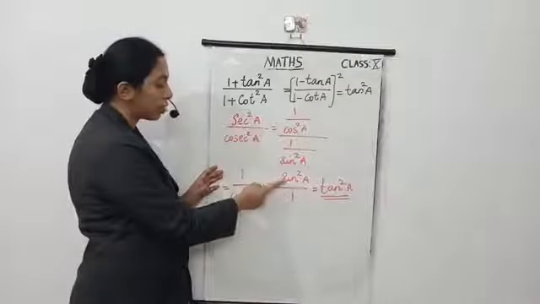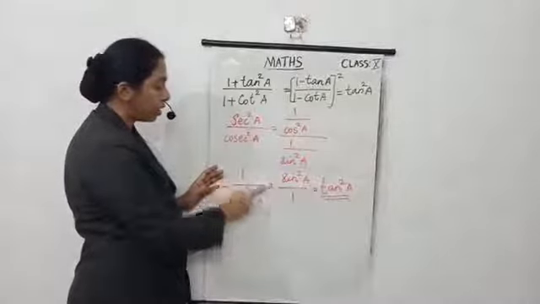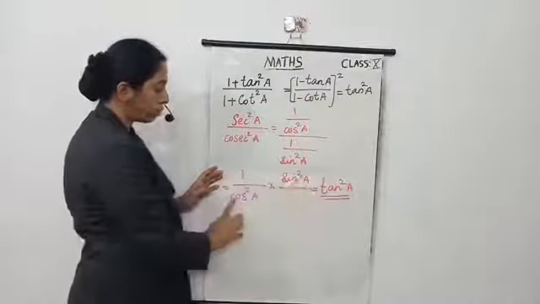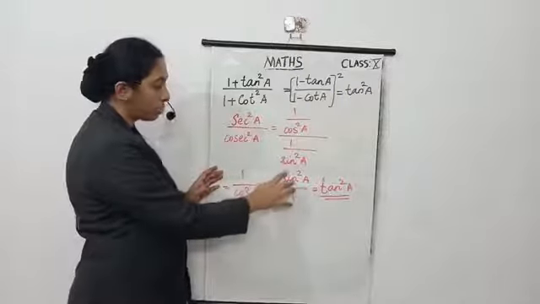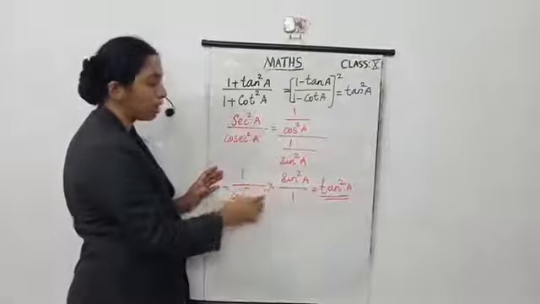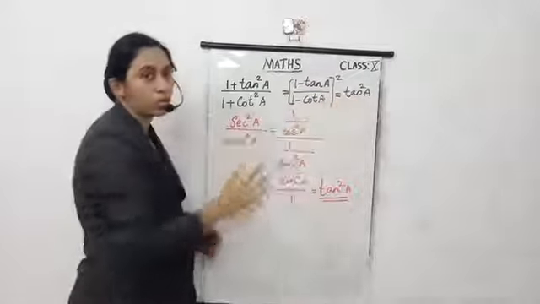Here denominator comes as numerator and numerator comes as a denominator, and 1 cancelled, then 1 into sin square is sin square, cos square into 1 is cos square. So sin by cos is tan A, so sin square by cos square is tan square A. So this portion is equal to tan square A.